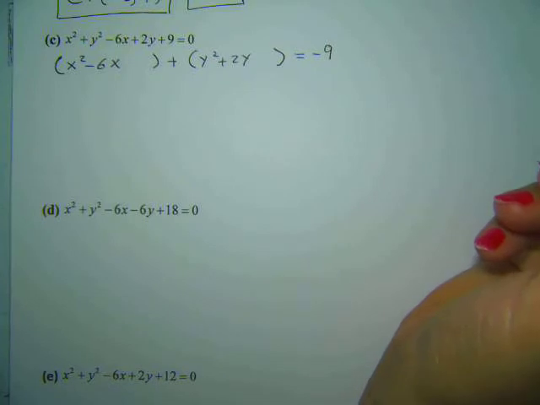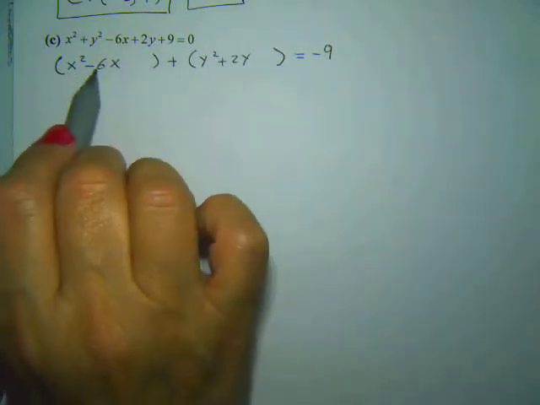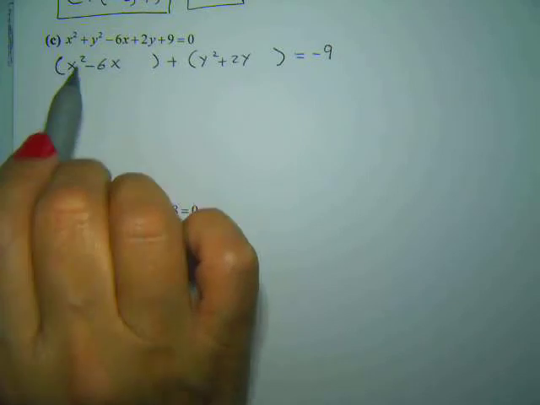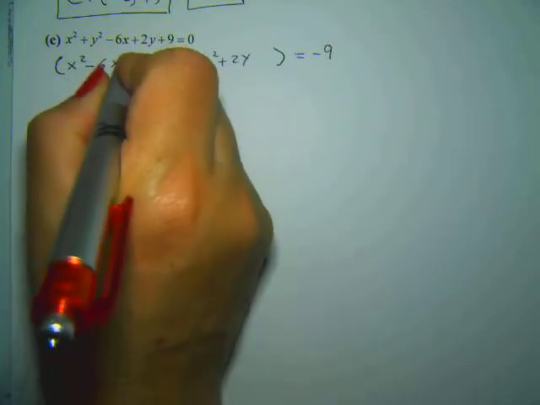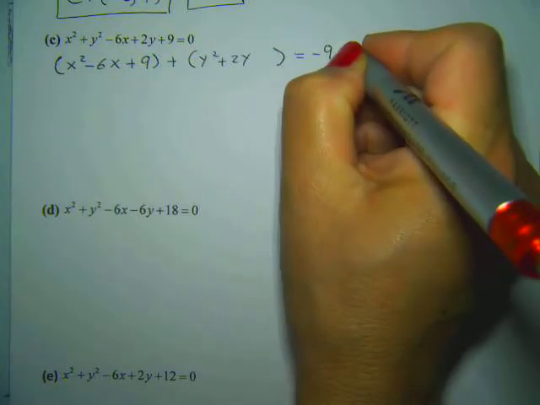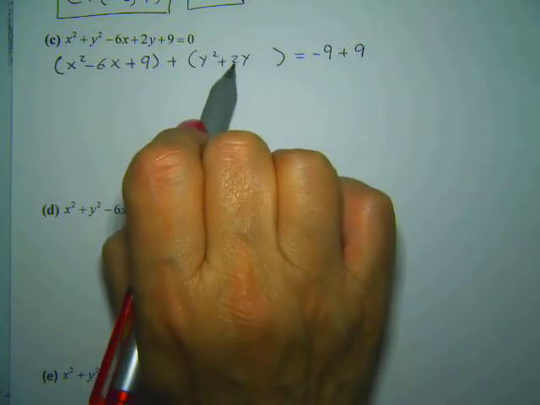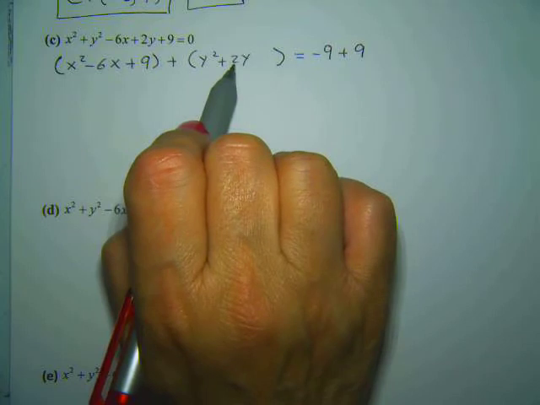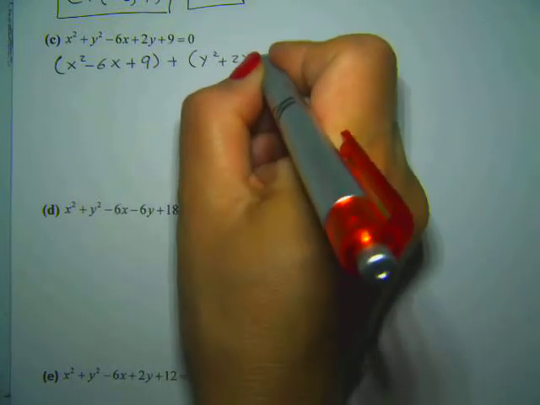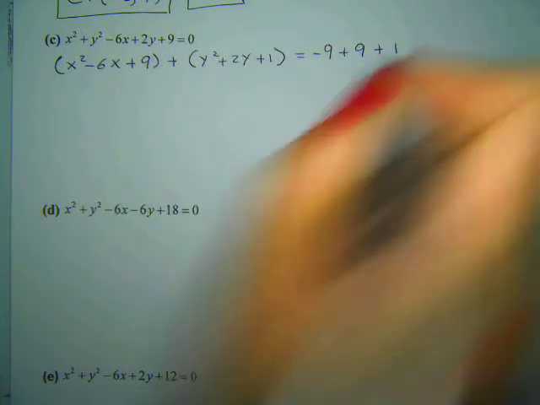And now let's complete the square. Take the coefficient of x, divide by 2, which is 3 and squared, that gives me a 9, add it to both sides of the equation. Take the coefficient of y, divide by 2, gives you 1, square is 1, add it to both sides of the equation.